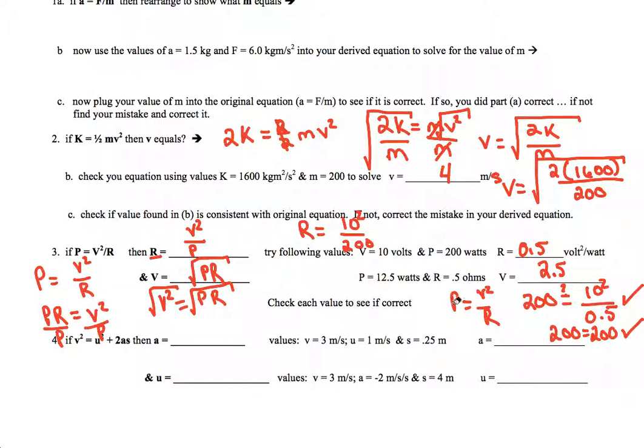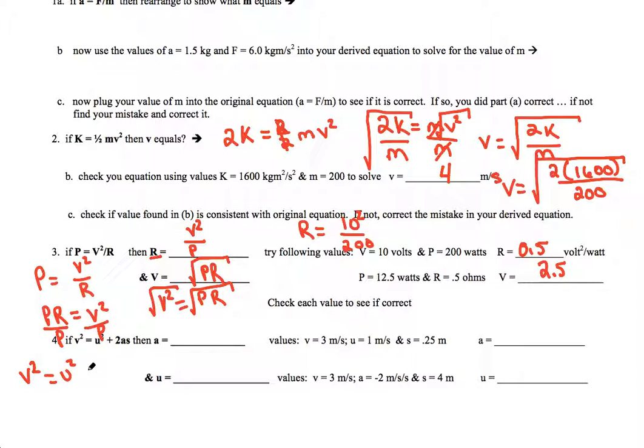Now, if we look at the last one, we have v squared equals u squared plus 2as. And I want to get a by itself. So when I'm undoing an equation, I have to work in reverse order of operations, meaning I have to deal with the addition before I could deal with the multiplication. So to get a by itself, I'm going to first subtract u squared from both sides.